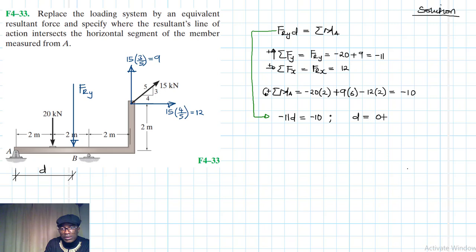So this gives us 0.91 meters. Again, this is just what we assumed. Don't worry that it's supposed to be less. We are going to redraw that. So this is 0.91 meters, and this is equal to 11 kilonewtons.